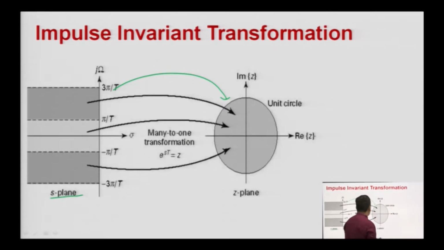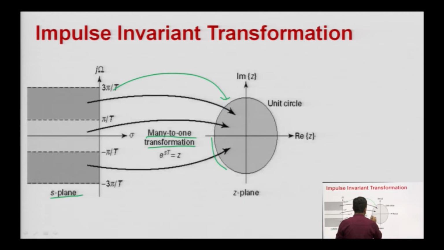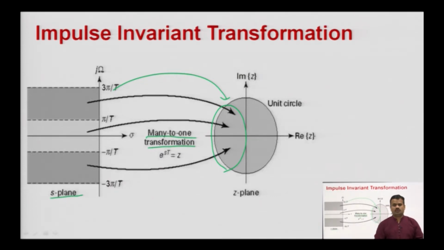Here you are doing the mapping from many to one. That is why it is also called many to one transformation. Many signals are transformed into one in the Z plane. This is the basic fundamental of your impulse invariant transformation. You are converting your S plane into the Z plane.